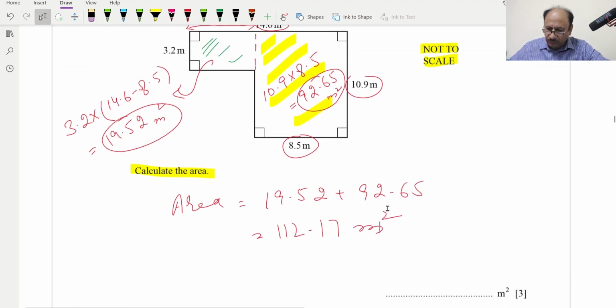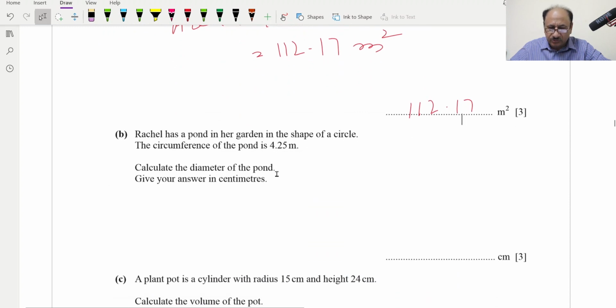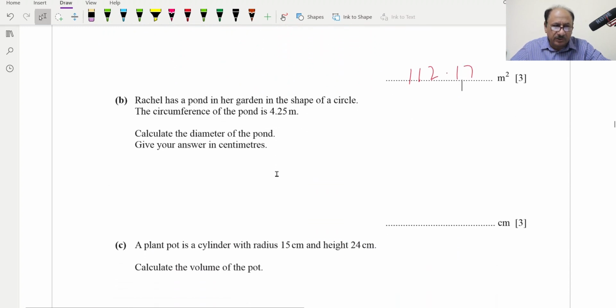This will be the final area which we can mention over the given place, and this was a 3-mark question which we have properly done.